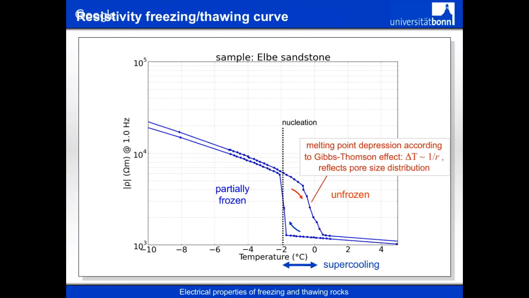This phenomenon is referred to as the Gibbs-Thomson effect, this melting point depression related to curvature in porous systems. So when you say this rock is frozen or soil is frozen, that doesn't mean that it does not contain liquid water. You have to keep that in mind in this context.